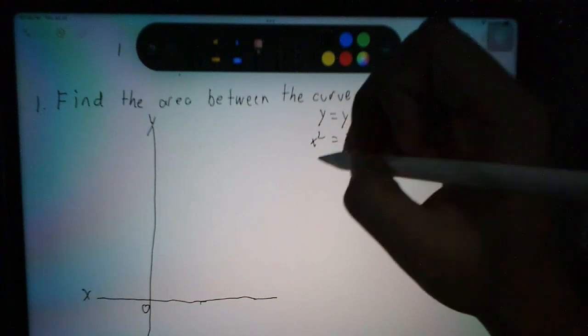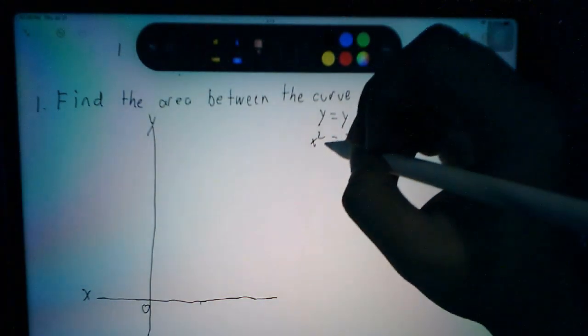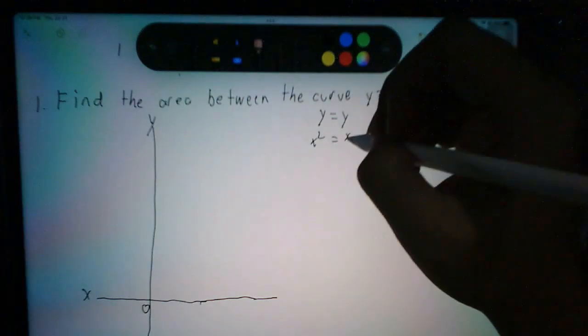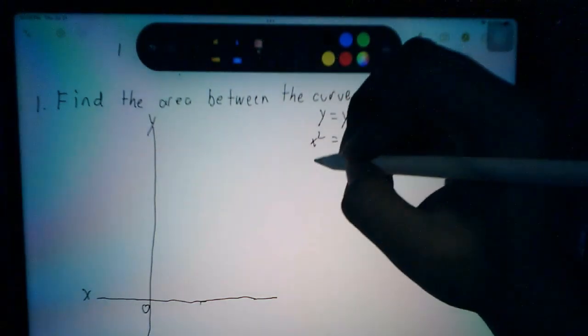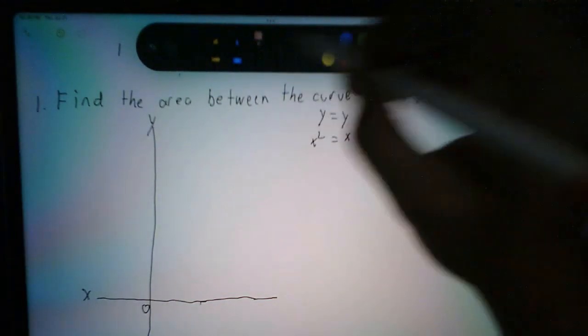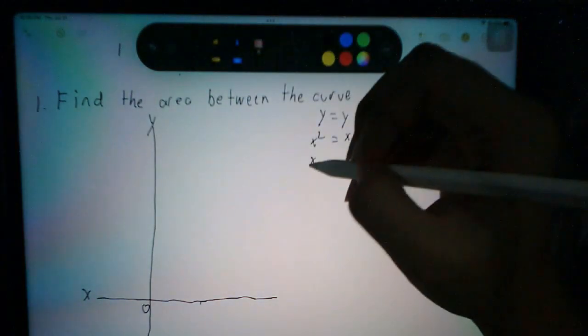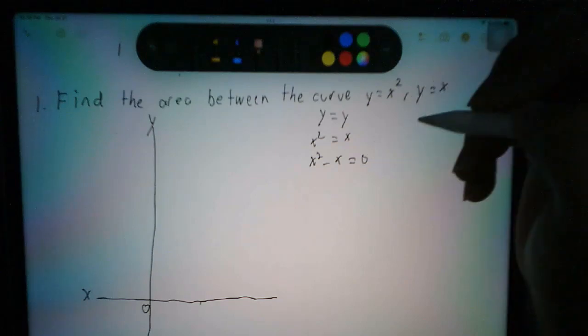Then let's transfer x here and let this equate to 0. So x squared minus x is equal to 0.